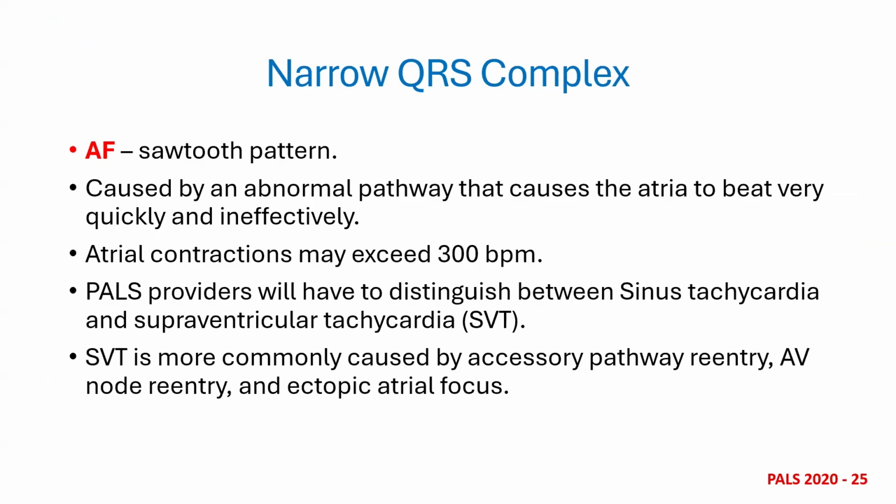It's caused by an abnormal pathway that causes the atria to beat very quickly and ineffectively. Atrial contractions may exceed 300 beats per minute. The PALS providers will have to distinguish between sinus tachycardia and supraventricular tachycardia. SVT is more commonly caused by accessory pathway reentry, AV node reentry, and ectopic atrial focus.